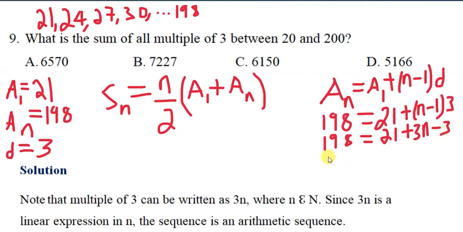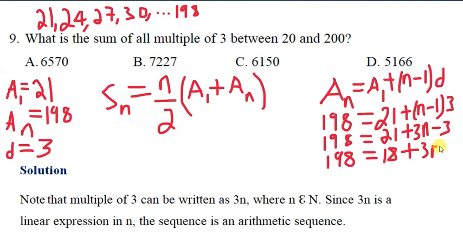And finally, we will get 21 minus 3 gives us 18, plus here we have 3n.